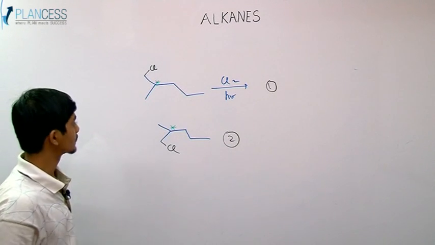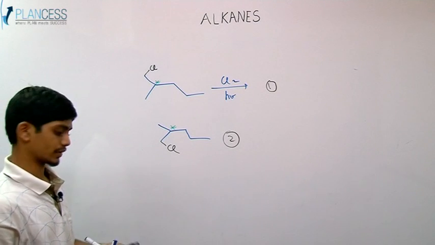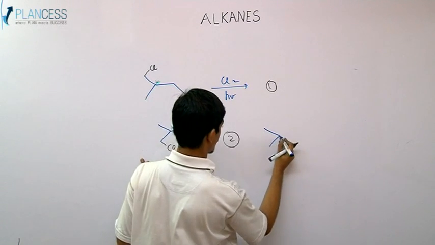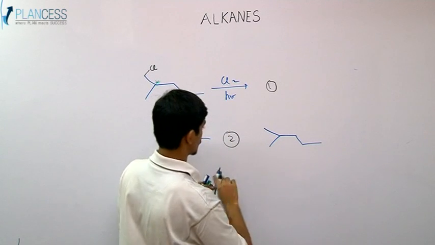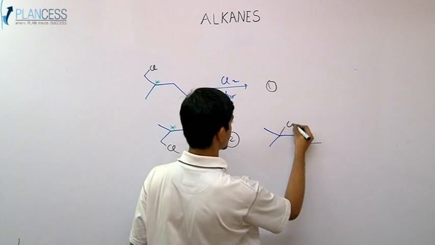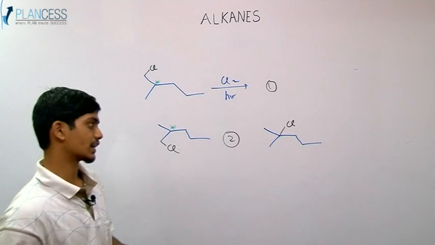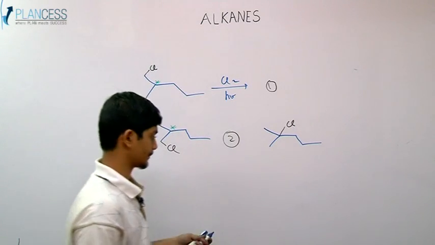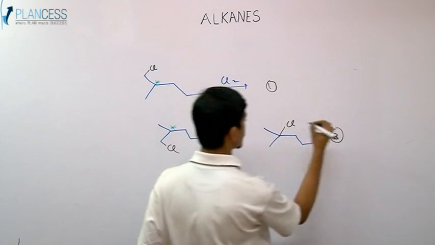Now what else? Now the middle carbon can also be chlorinated. Let us do that. So we are chlorinating the middle carbon, but now none of the carbons become chiral and we get only one product. So this is the third product.